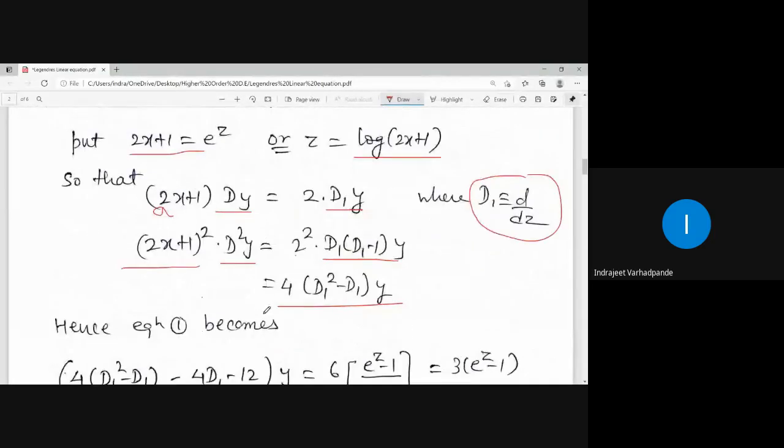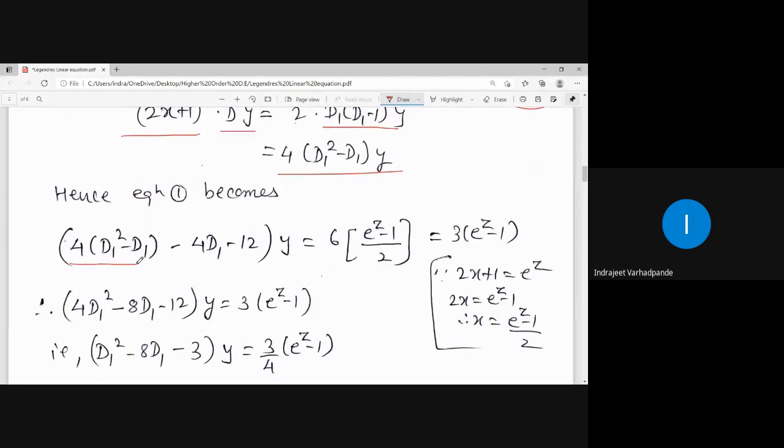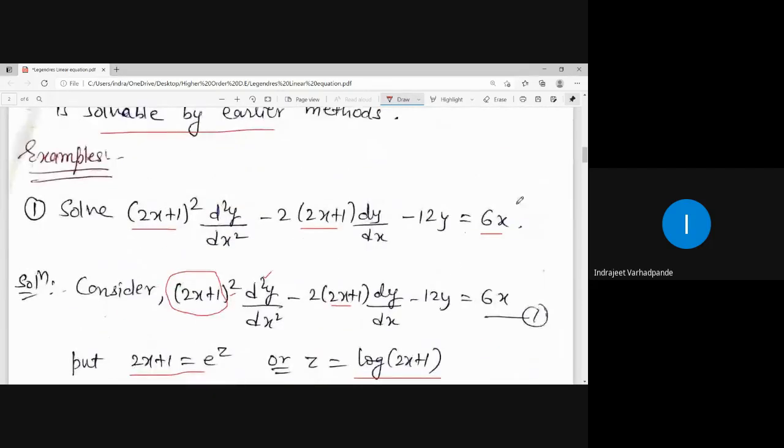So equation 1 becomes, only the change from Cauchy's is we need to multiply by the coefficient of x of the linear term we are considering for the substitution. That is what the thing is. So equation 1 becomes [4 into (D1 square minus D1) minus 4 D1 minus 12] whole multiplied by y is equal to, see what was RHS over here?